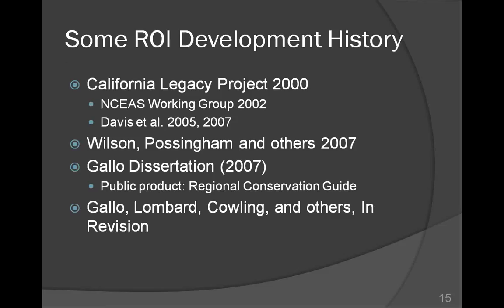So a really brief history on the return on investment framework, and in some respects you can look at it as return on investment for conservation. There was a group of people, the NCEAS working group, which is a group of high-level scientists that got together based on this California Legacy project, which was funded by the government of California.